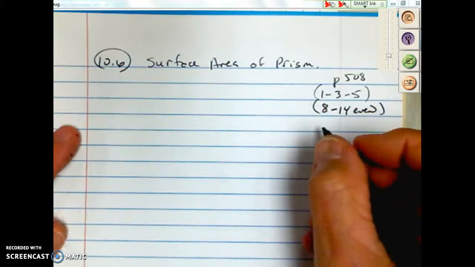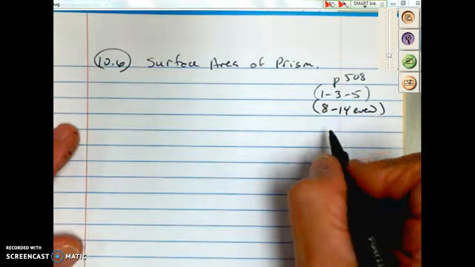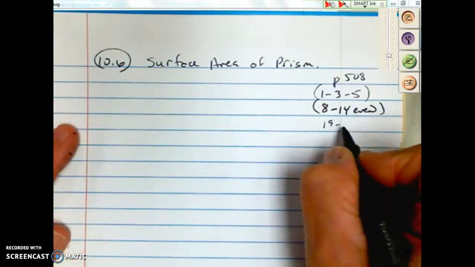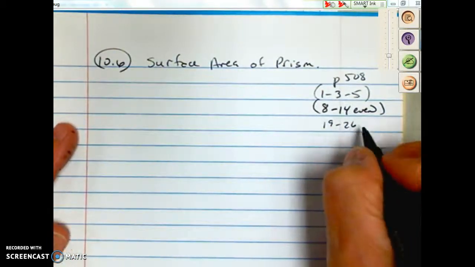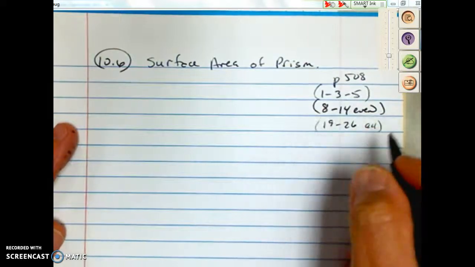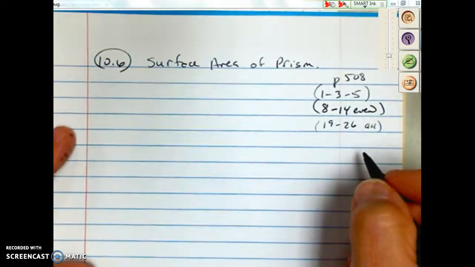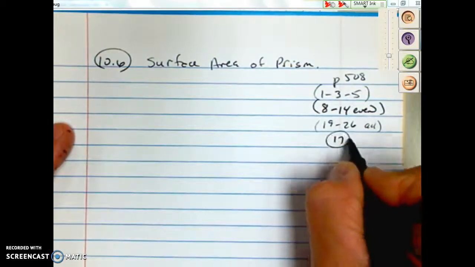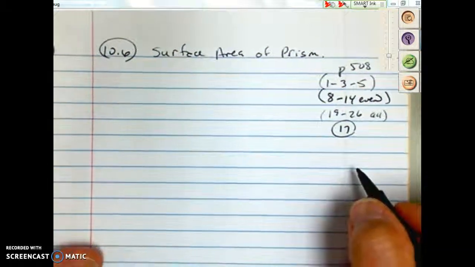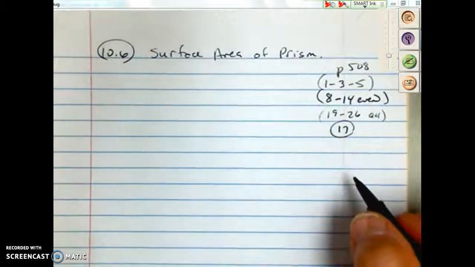And then we're going to do number 19 through 26. We're going to do all of those. And then we're going to go back and do number 17, which is kind of a fun one. So number 17 would be very last.